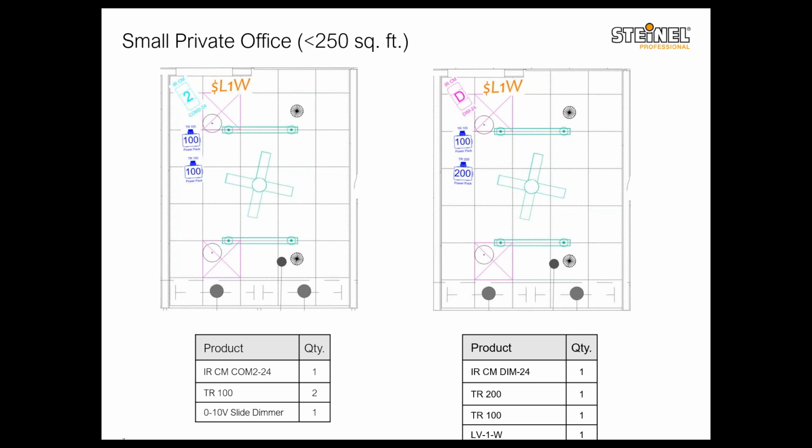The other solution that you can see on the right-hand side is using a corner mount DIMM-24 PIR sensor. And here I'm going to introduce our latest product, which will be available in Q1 of 2019, our TR200 and TR250 power packs.